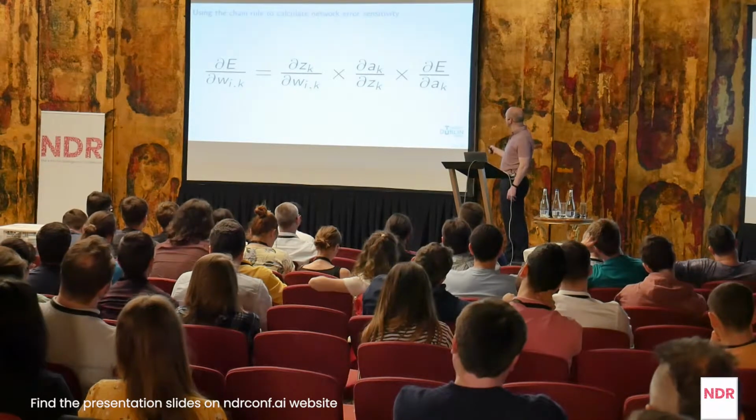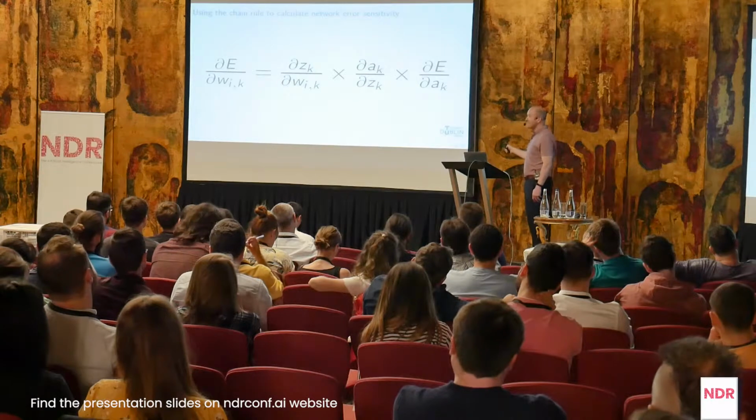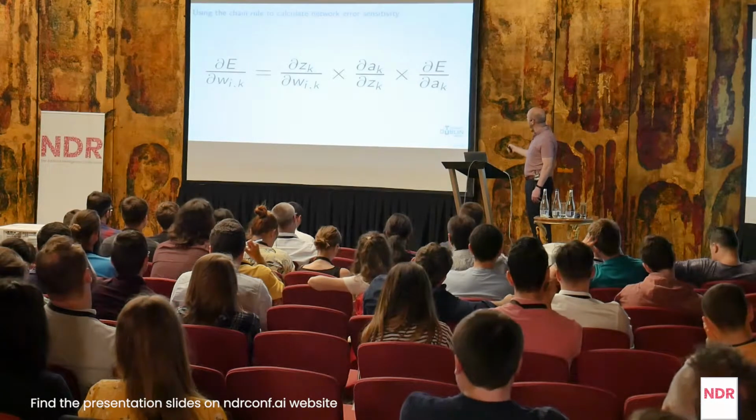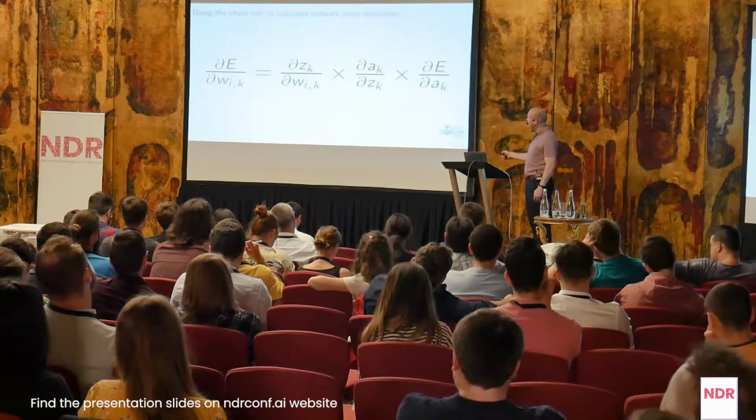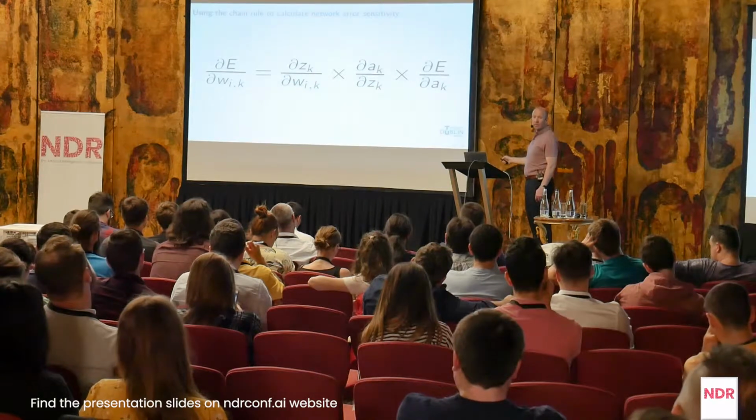And then we have this term here, which represents how the error of the network changes as we change the output of the neuron that the weight affects. All right? So this is decomposing that difficult term into three easier terms to calculate.